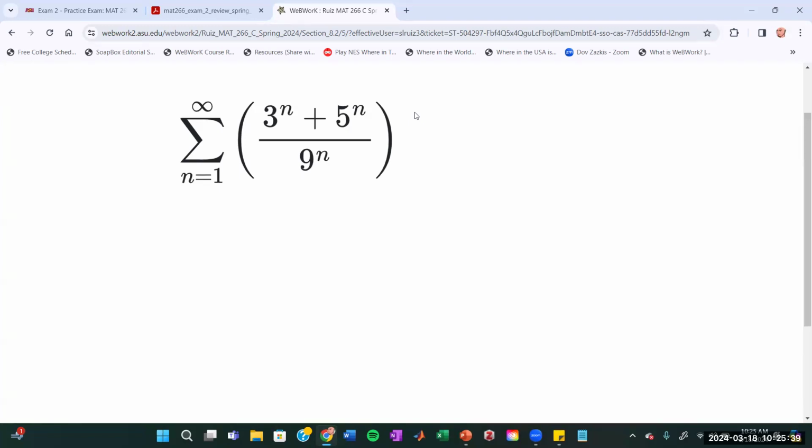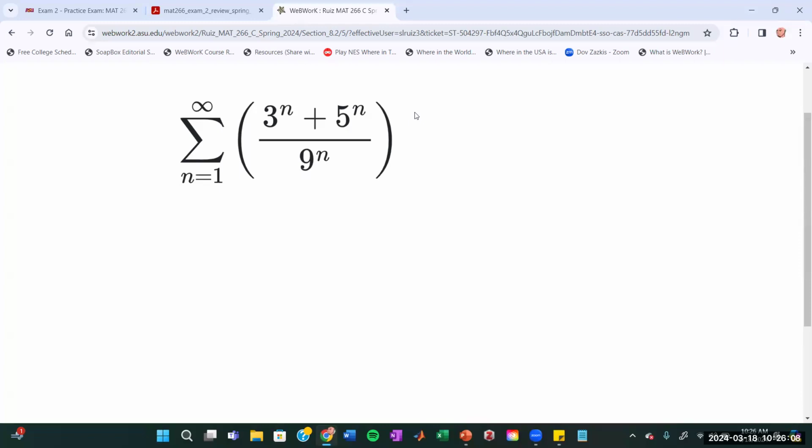So what are those types? Geometric series is one. The telescoping. That's basically the list. There are others, but we talked about those two. Is this either of those? I think technically it's not geometric, but I can manipulate it so it becomes geometric.